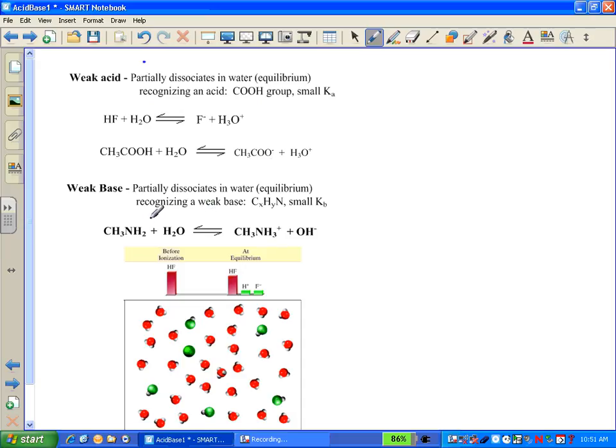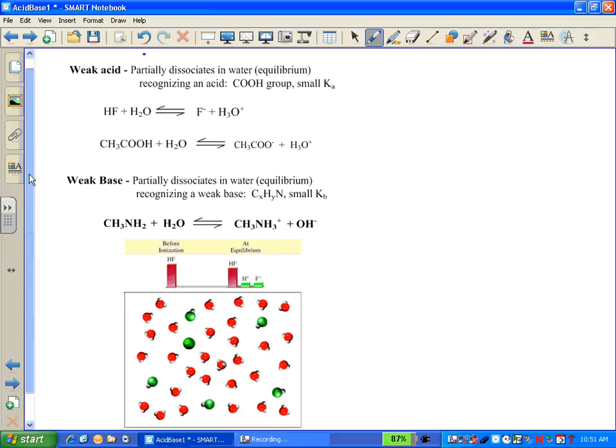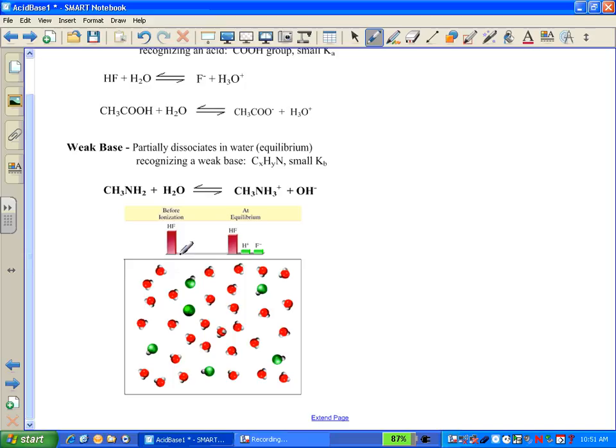Weak bases are those organic bases that I discussed earlier. So you'll see they've got some carbon and hydrogen, and then they've got the nitrogen in them, and the nitrogen is where there's a lone pair that accepts the proton. Now the key here is to understand that when you've got a weak acid or base, it doesn't dissociate completely.